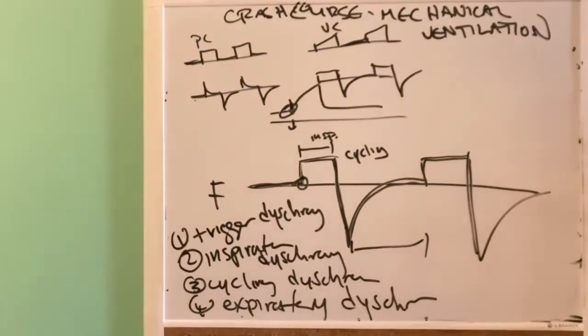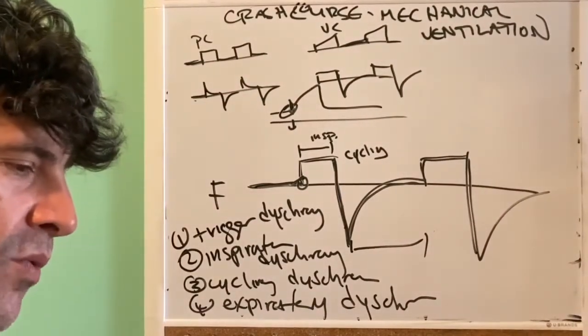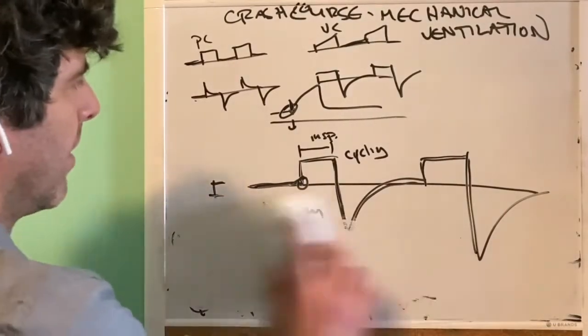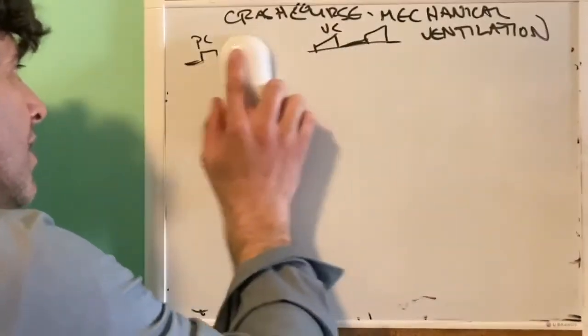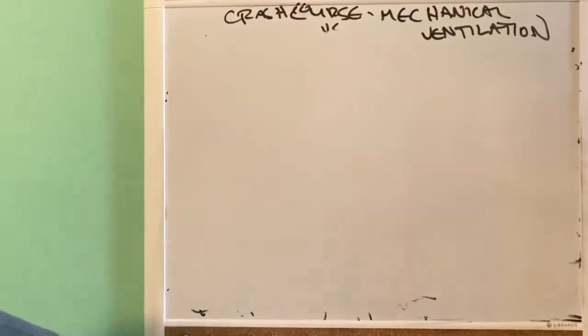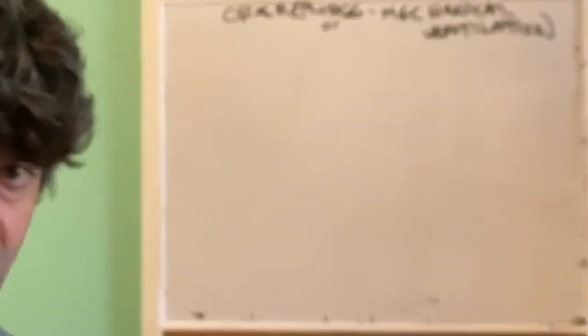We're not going to go through all of them because every mode you have different synchronies. But really, what you want to do is when you see a waveform that doesn't look right, now that you know what looks right, and you see a patient especially, so always look at the patient. When you're dealing with a patient-ventilator interaction, you can't really do it unless you're looking at a patient as well, all right?